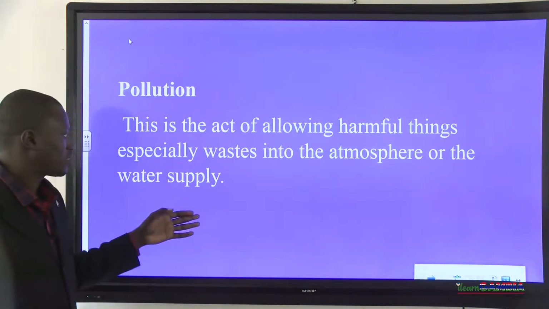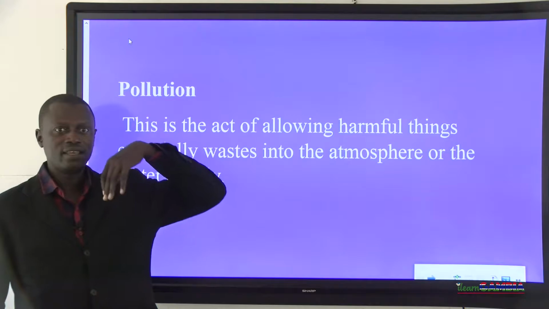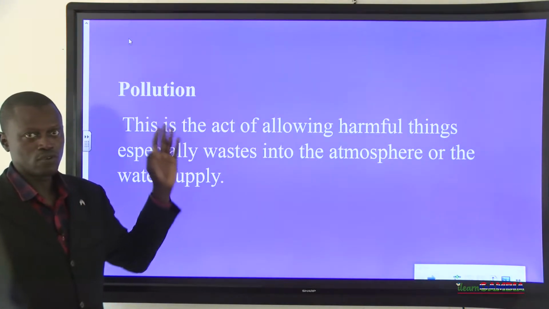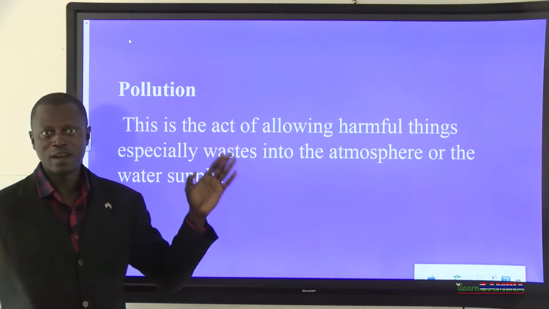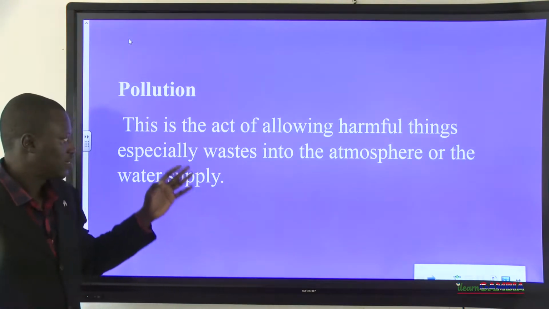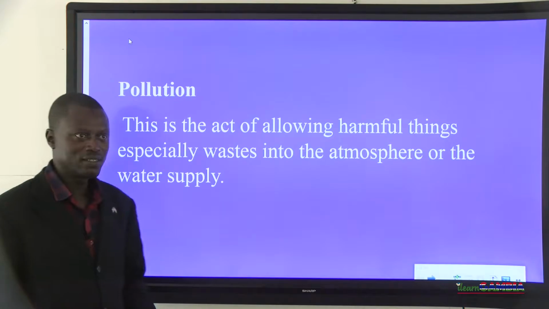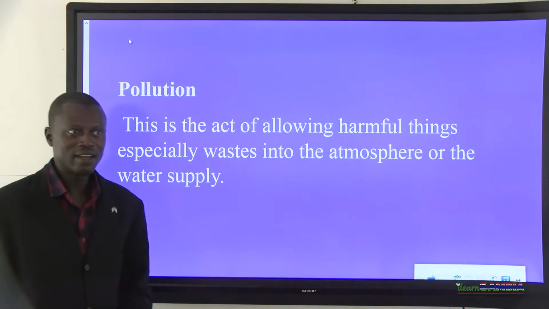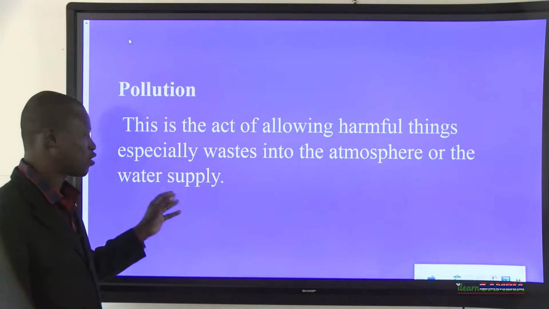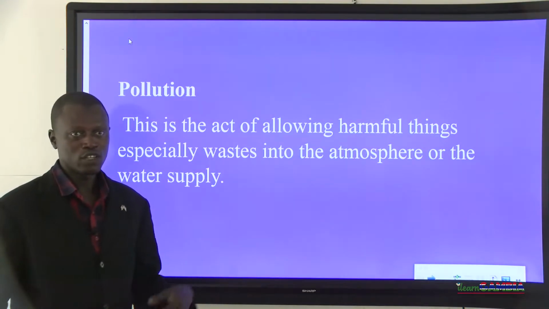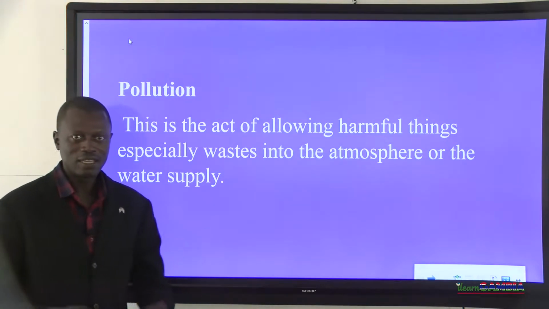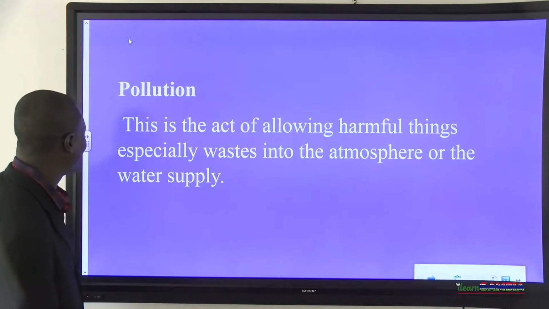It is usually harmful to both the atmosphere as well as the living things in that particular environment, and the harm even goes to the water supply as well. This water supply could be the supplies from our wells, boreholes, streams, taps, etc.